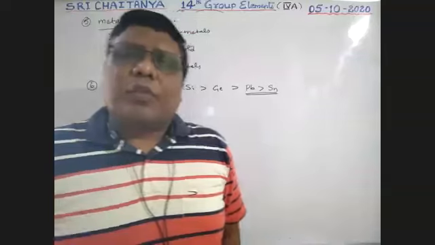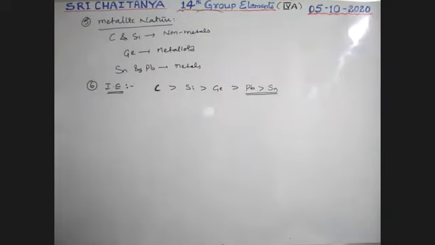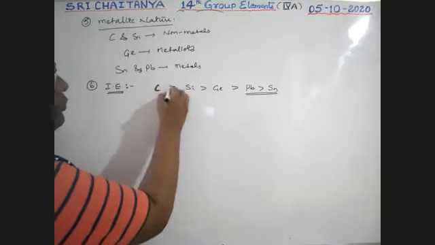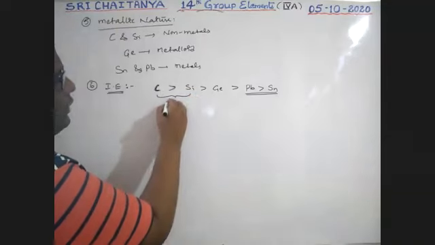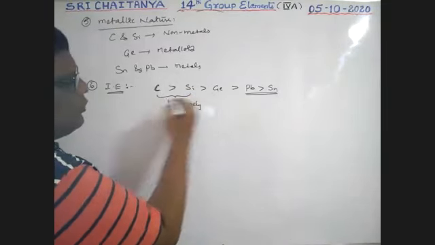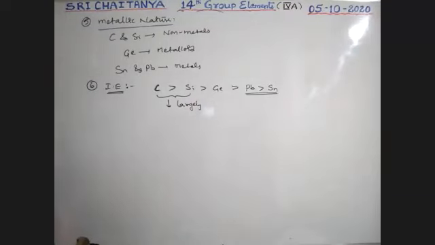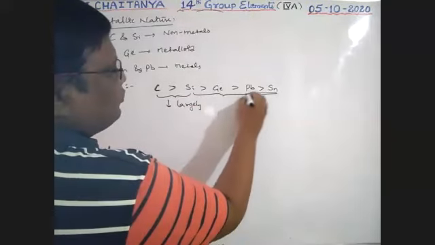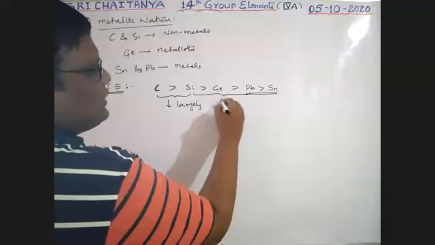Therefore this is the ionization energy order, boys. Gradually from carbon to silicon, ionization energy decreases largely. Okay. Next, from here to here, it decreases slightly.